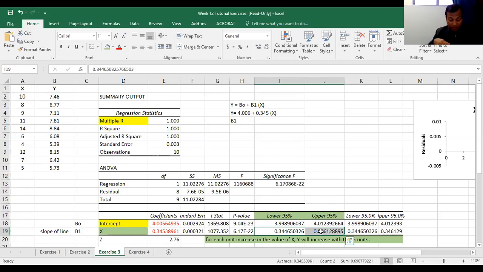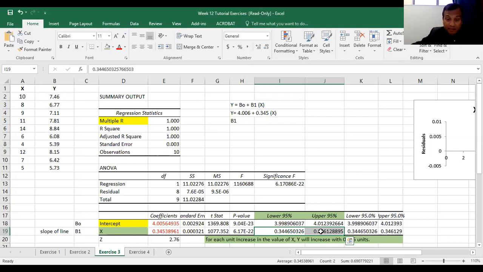What is the 95% confidence interval for the unknown population slope parameter? Now you know which one is the slope. Even if slope is not mentioned, you have to consider the one which is for the variable, because the intercept is a constant. We should never consider that interval. We should only consider the one corresponding to the variable.